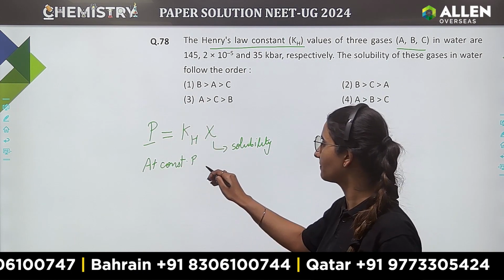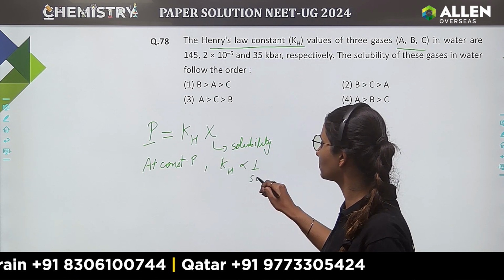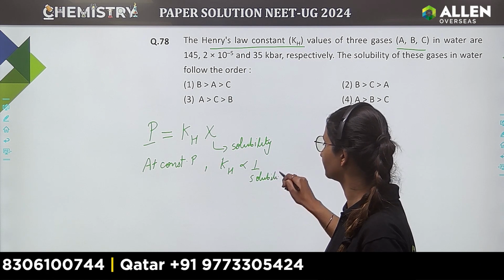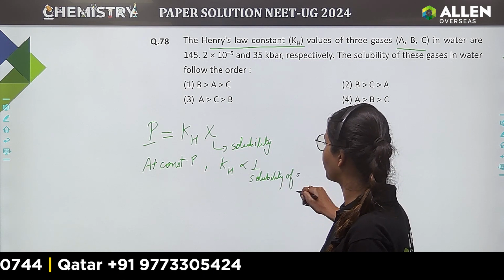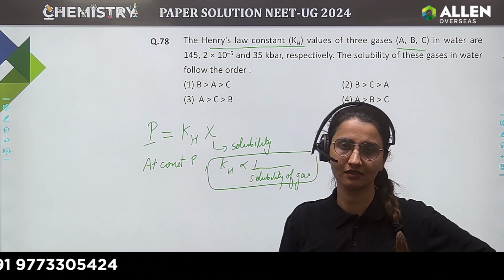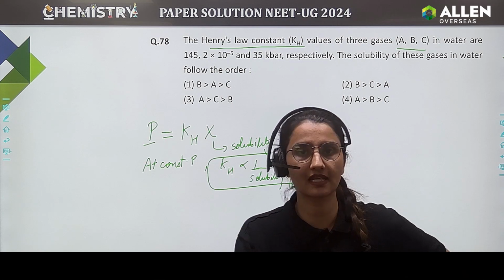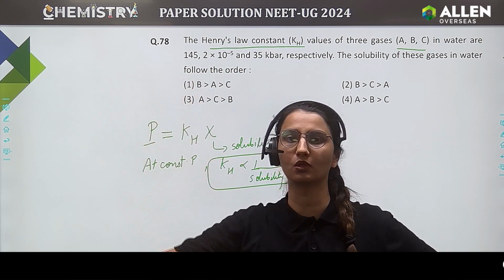So at constant pressure, students, kh is inversely proportional to the solubility of the gas. Henry's law deals with the solubility of a gas in a liquid. Simple concept. The gas which has the least kh will be most soluble.